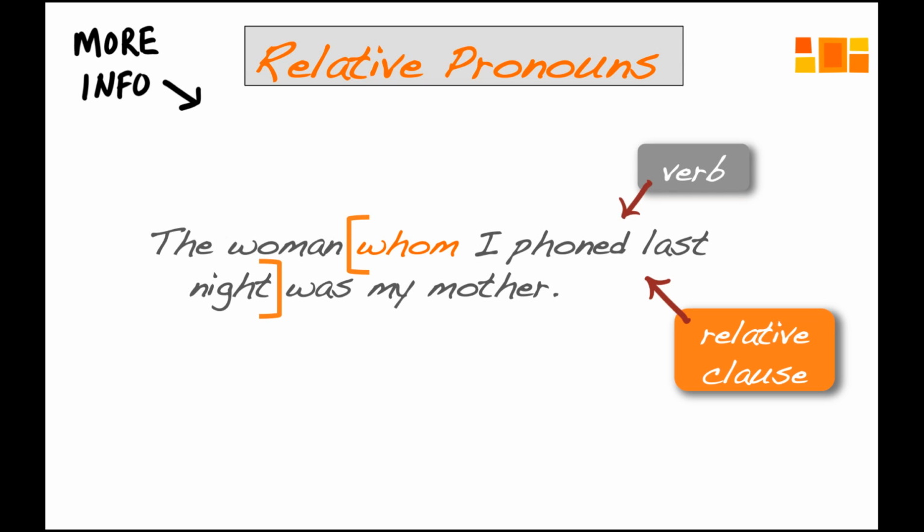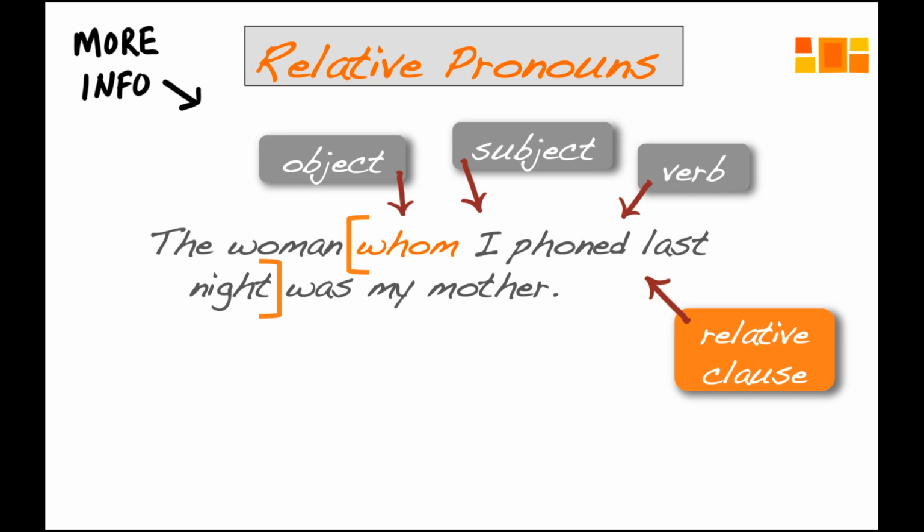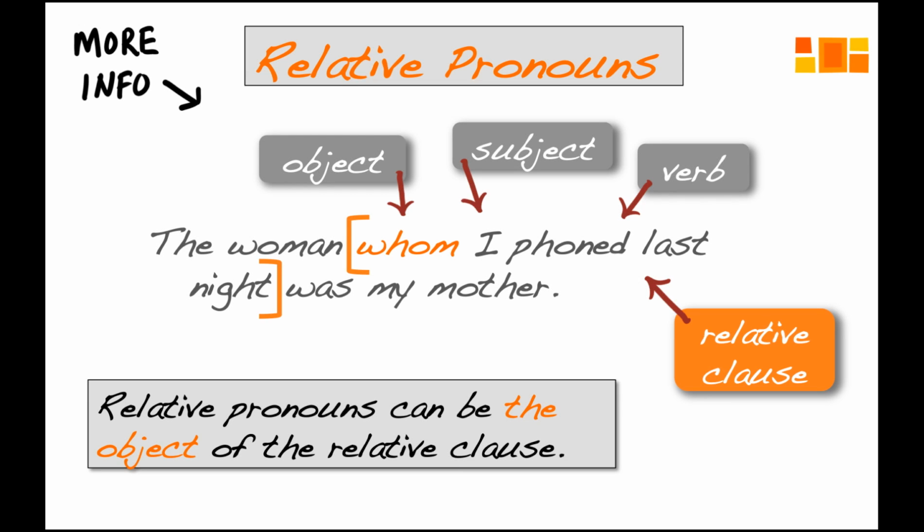Phoned is still my verb, obviously. But my subject is the I now, because it's subject, verb, I phoned, which makes whom the object of the relative clause. Whom I phoned, object, subject, verb. And here, my relative pronoun, my whom, is the object of the relative clause. So please remember, and this will be very important in video number 2, relative pronouns can be both subject and object of the relative clause.